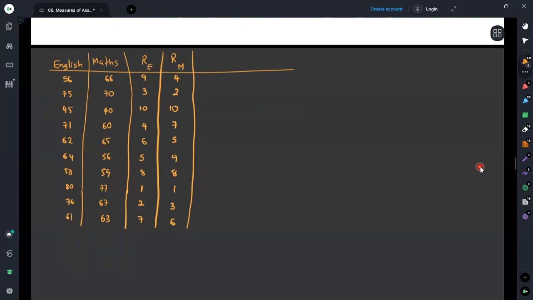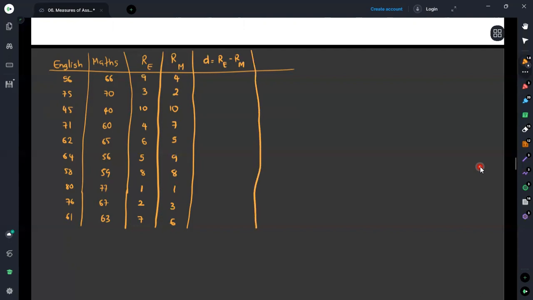Now we have finished the ranks of English and ranks of mathematics. Then we can take the difference of rankings. Here I am taking the difference as rank of English minus rank of mathematics, but if you need, you can do it the other way around as well.